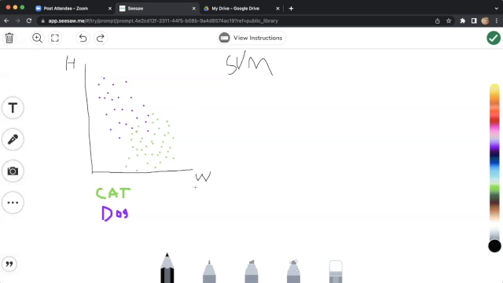So there's this thing known as margin. When we create a line, this is probably the best line we could create looking at it. But when we create a line, we look at the margin. Margin is the distance between these data points and the line.